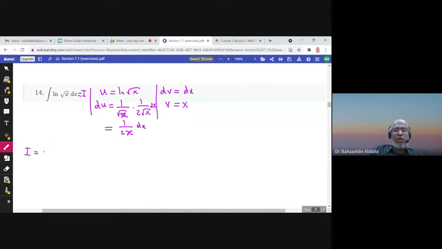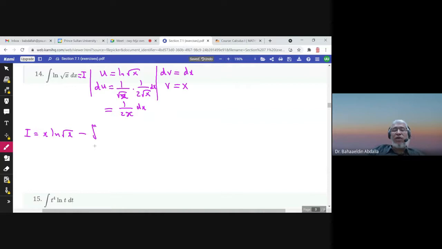uv, so x ln square root of x minus integral of v du, x times 1 over 2x dx. x cancels with x, and the answer would be x ln square root of x minus integral half, which is half x plus c.